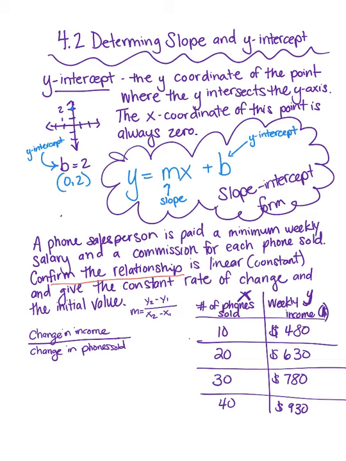So we're going to look at these two first. The change in income is going to be 630, that's our Y2, minus 480, over our difference in phones sold, so that's our X's: 20 minus 10.